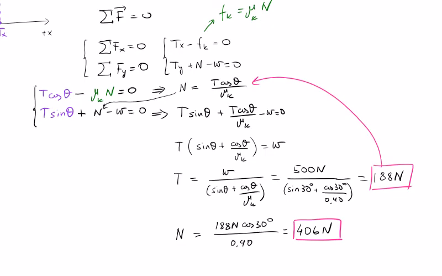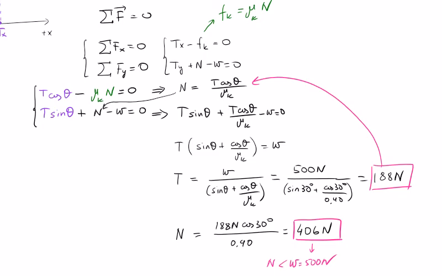As you can see, normal force is less than the weight, which was 500 newtons. And the tension required is a little less than the force that we needed in a similar problem earlier when we pulled the crate horizontally.